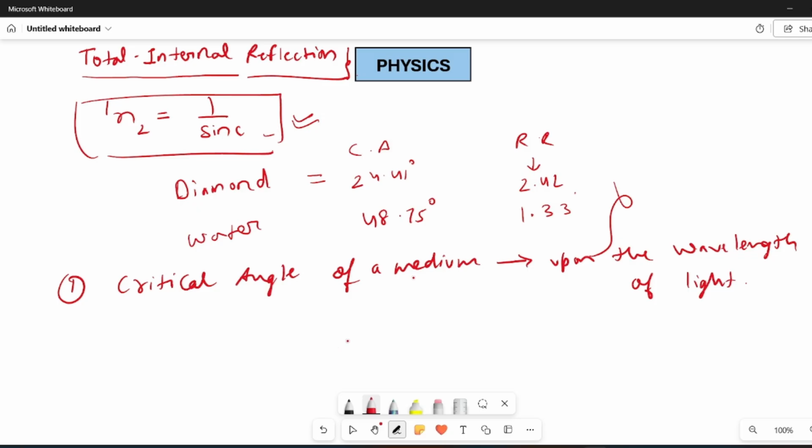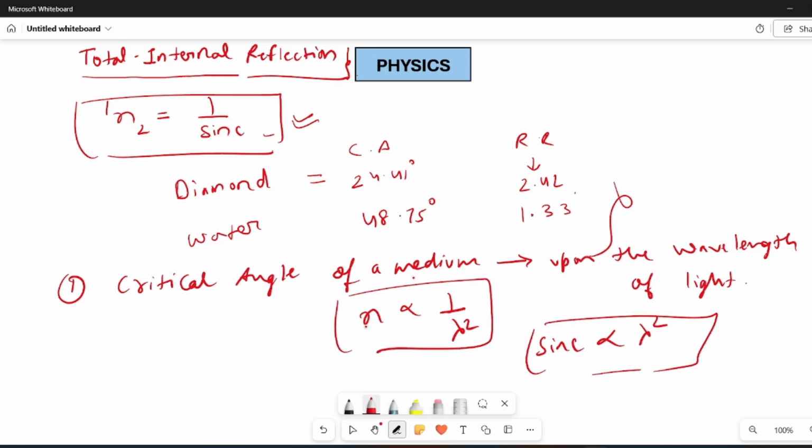Now, your relative refractive index or your absolute refractive index, in mathematical terms, comes out as n inversely proportional to 1 upon lambda square. And because of that, sine C is directly proportional to lambda square. So this particular relation gives us a relationship of critical angle to the wavelength of light.